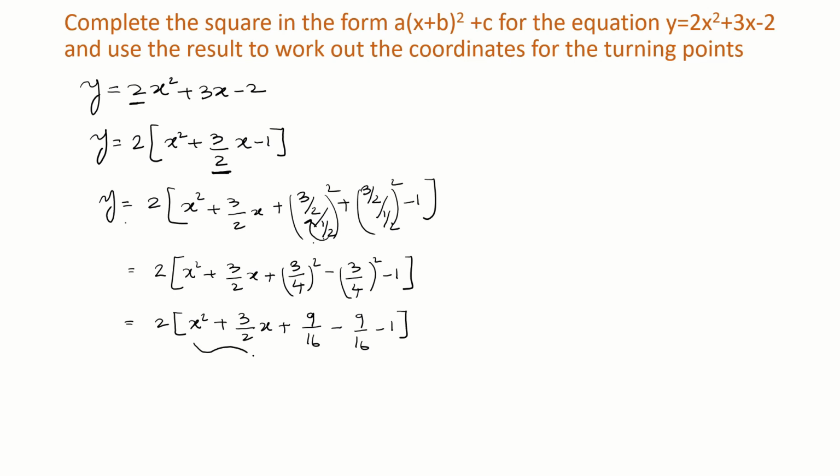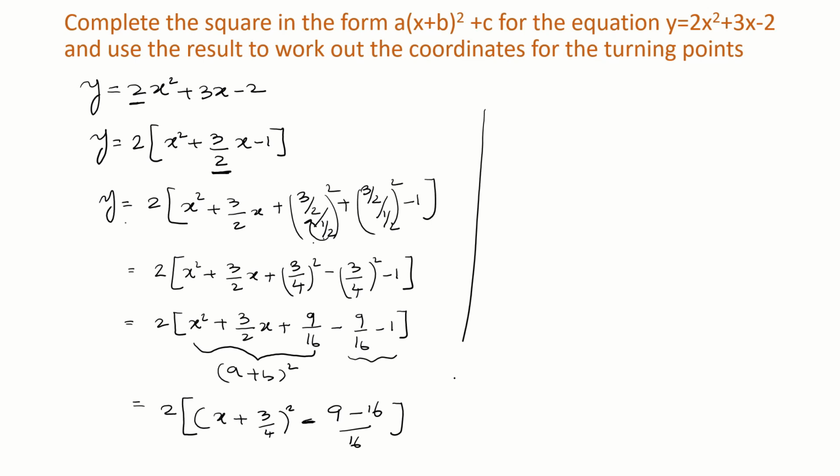So we know that this resembles the term (a plus b) squared. So we can rewrite this as 2 times x plus 3 by 4, the whole squared, and this one becomes 16 common, so minus 9 minus 16 divided by 16.